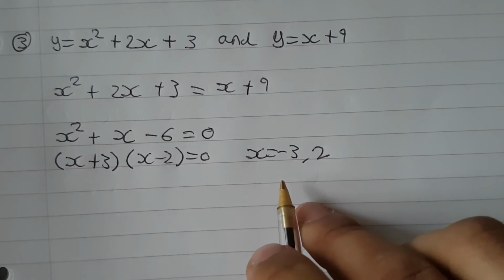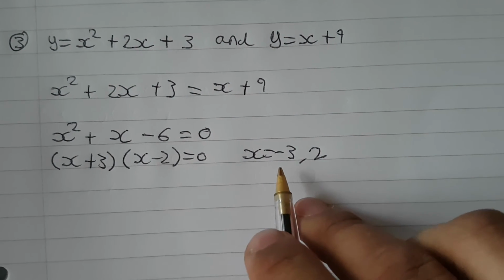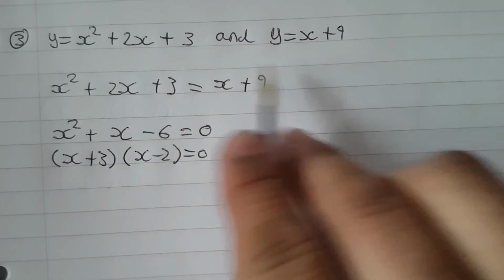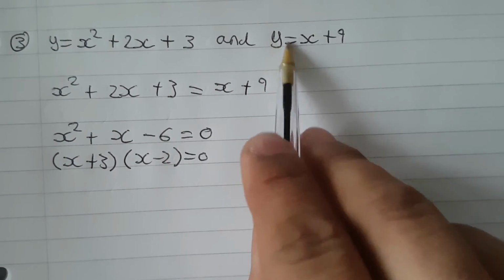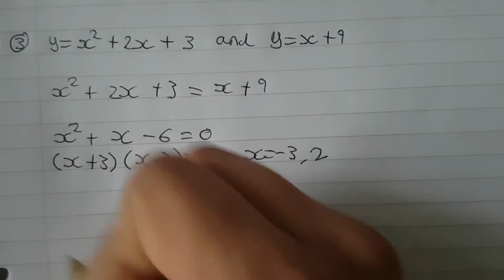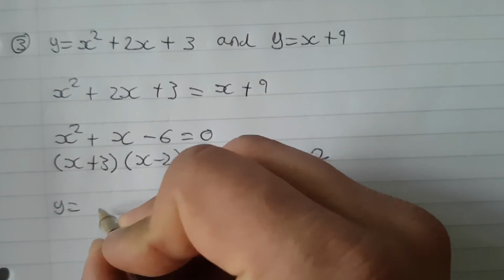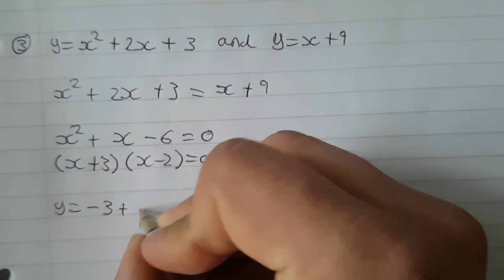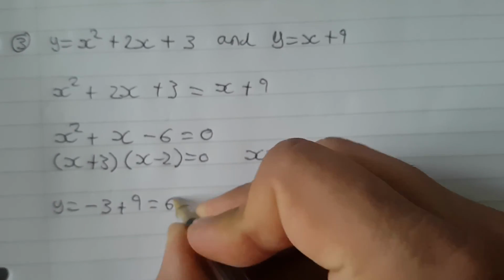Now to find the intersection points, we just stick these two x coordinates into any of the y equations, but I'm going to choose this one because it's just simpler. So y equals minus 3 plus 9, which equals 6.